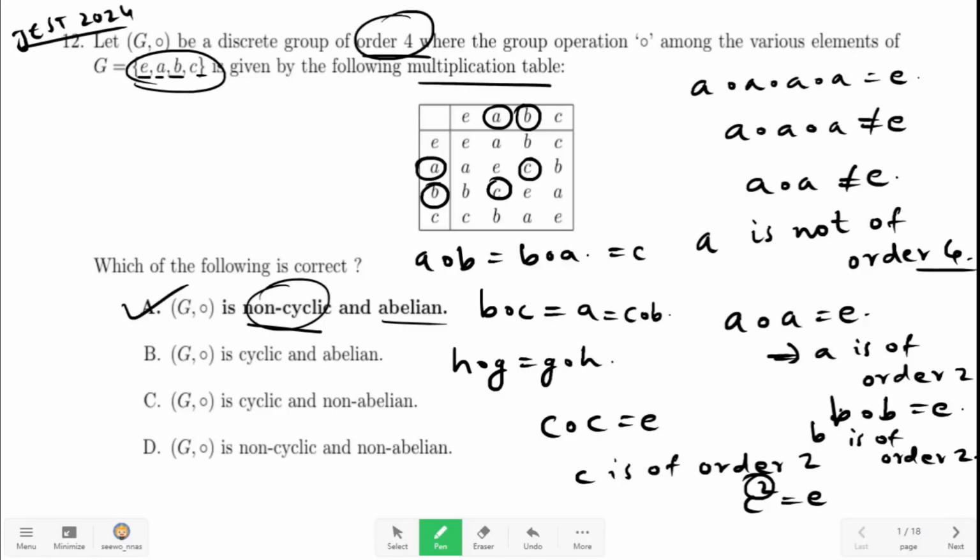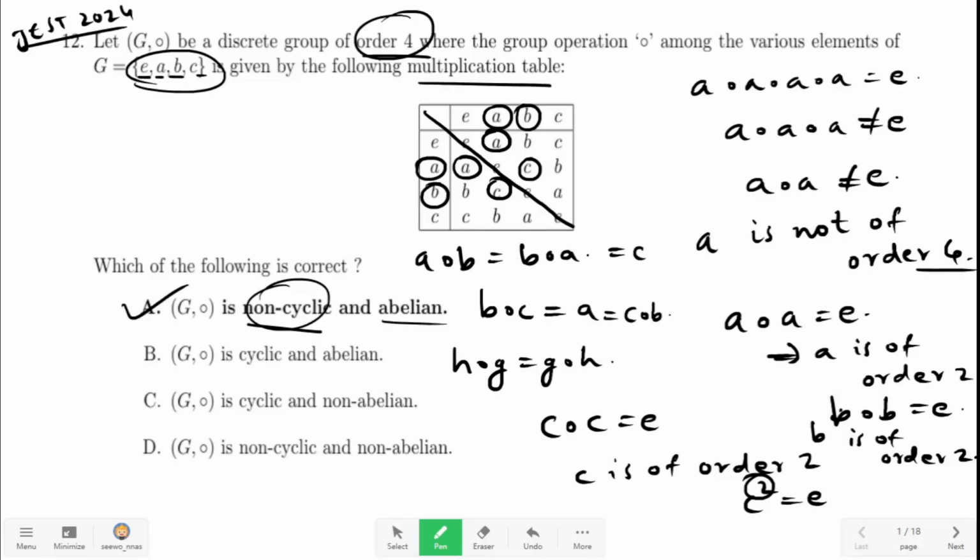One way to easily identify that a group is abelian is that in the multiplication table you can check for symmetry across the diagonal. This is the diagonal we have. In the first row, second column you have A, and in the second row, first column you also have A. So there is symmetry.